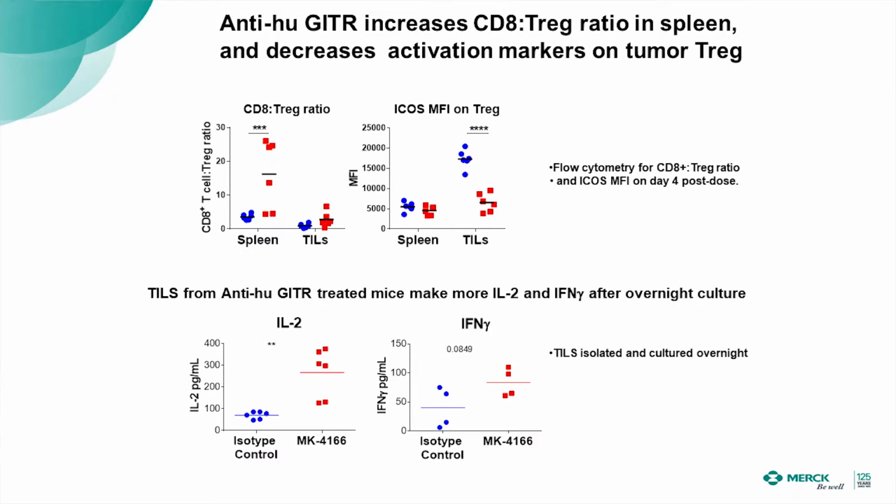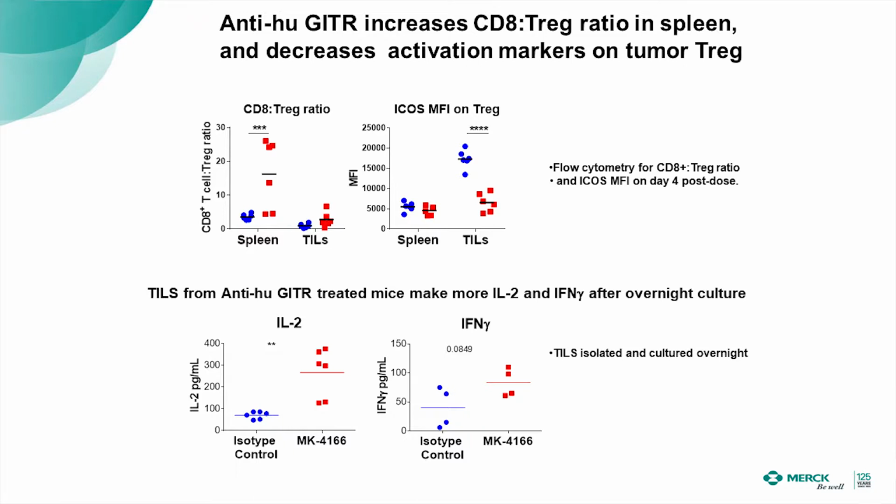But what was very interesting and different from the syngeneic models is that in mouse models there is a reduction of Tregs in the tumor and not in the lymph nodes or the periphery. We didn't really see that. We didn't see a change in the CD8 to Treg ratios in the humanized mouse, but we saw efficacy.